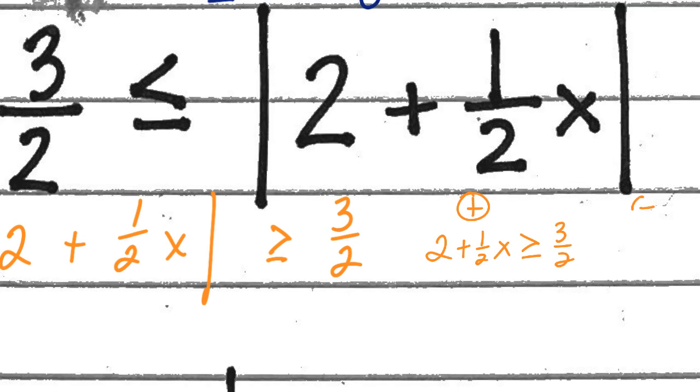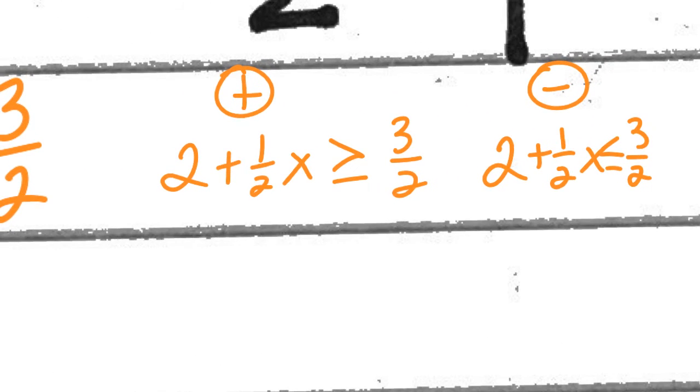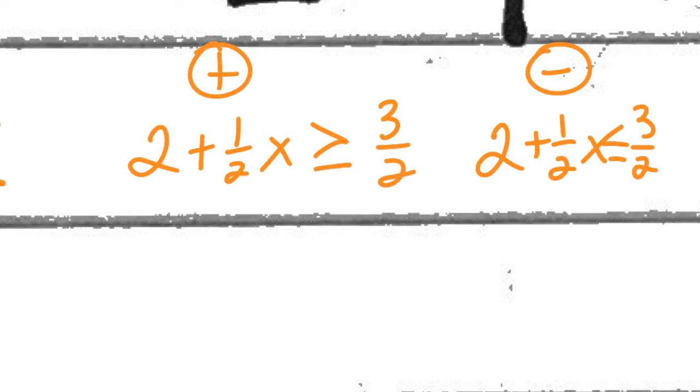And when you write the negative, you're going to write 2 plus 1/2 x is less than or equal to 3/2. I'm totally running out of room. Yeah, you have to make this little guy negative. So remember, you're going to flip the inequality to less than or equal to, and you're going to change the sign to negative.